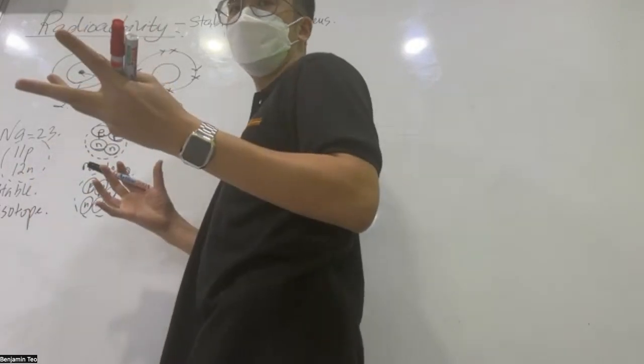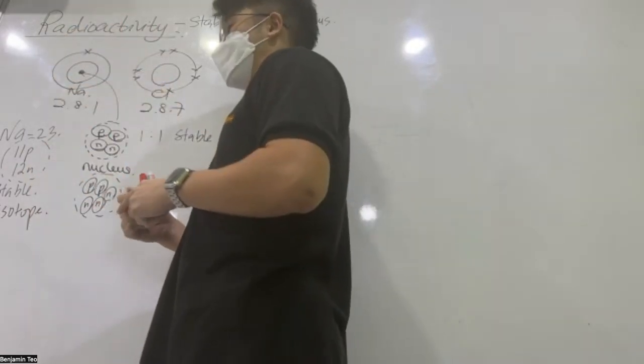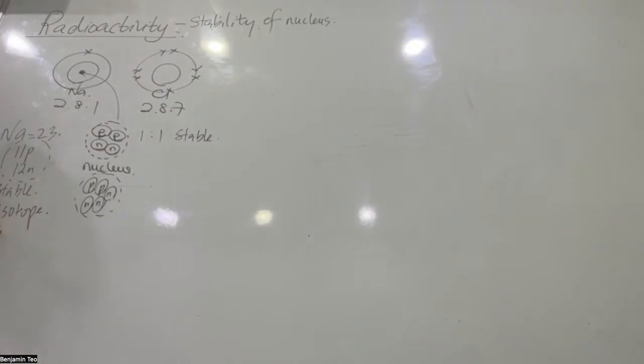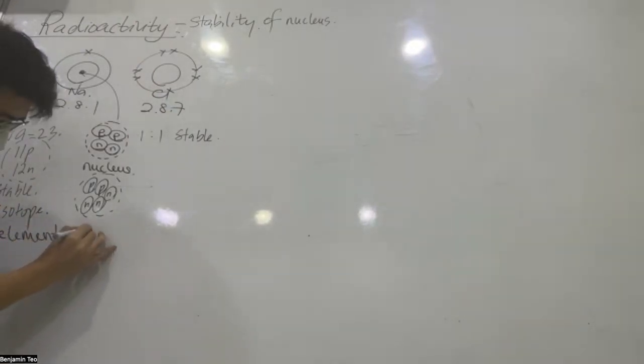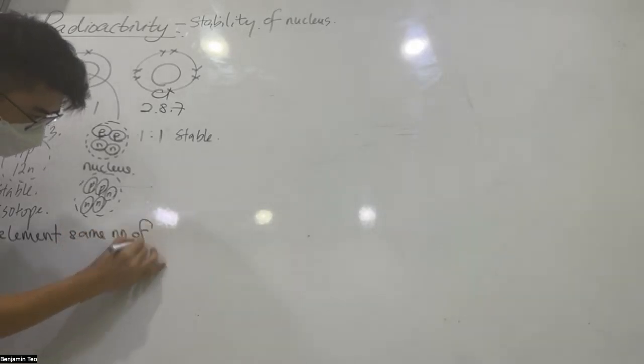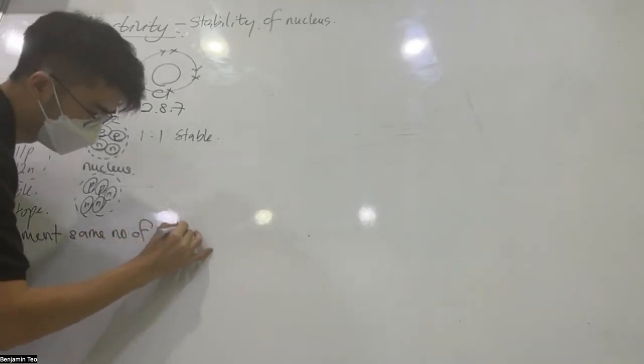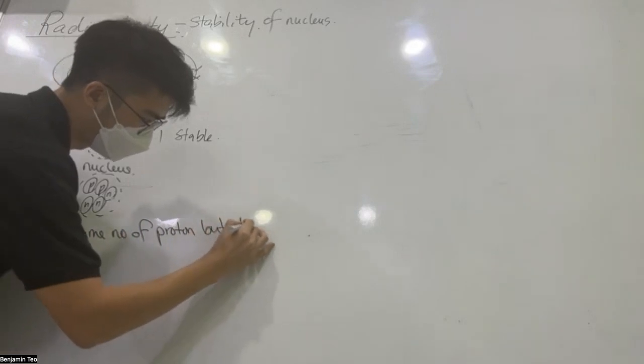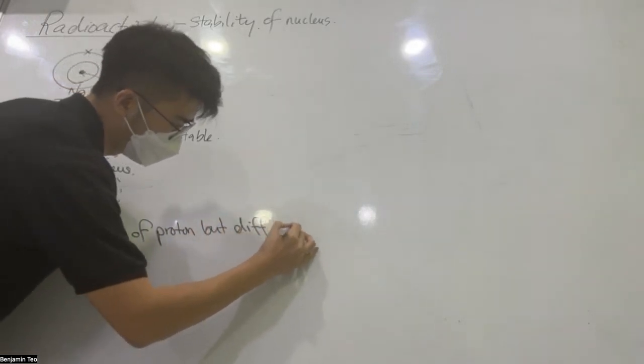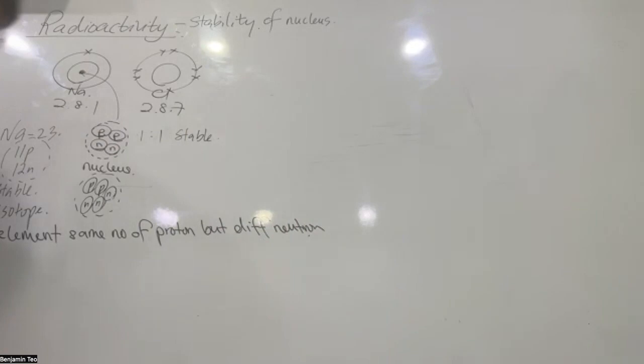可是不同 neutron 啊。Element isotope 是 element with the same number of proton but different neutron.